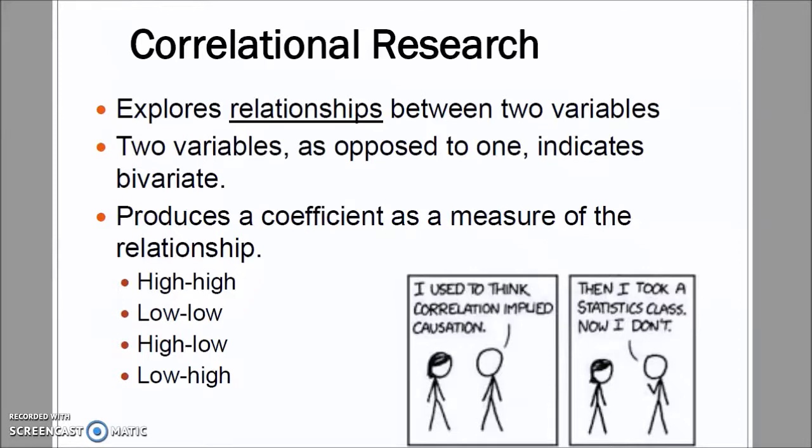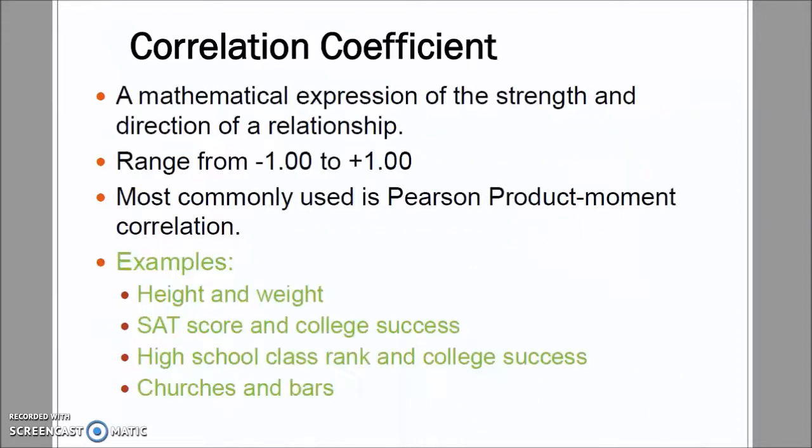These relationships are given on page 45 of your book if you want to read more, and we are going to talk about all of these types of correlations. So the correlation coefficient gives you the strength and the direction of a relationship.